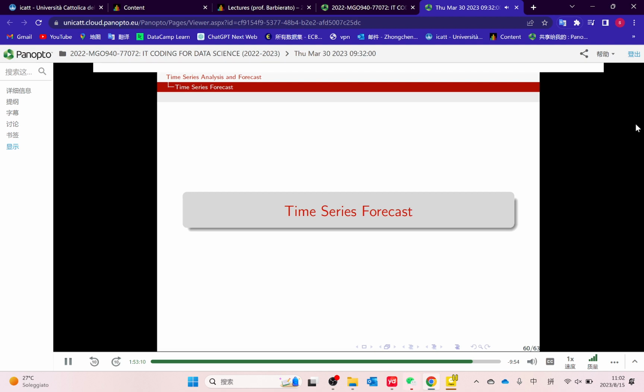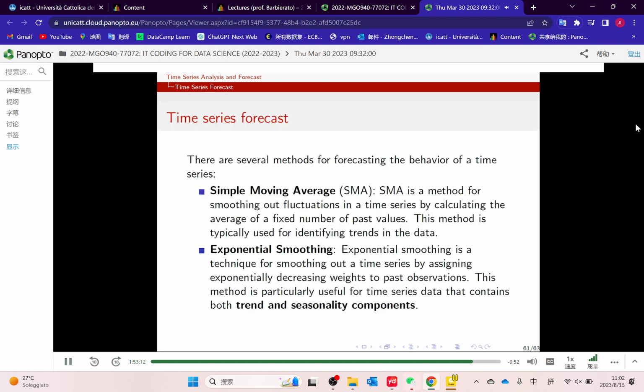I'm nearly at the end, as you can see. Which forecast models can I use? Well, the classic one is the simple moving average. Believe it or not, the moving average can be a predictor. It works exactly how I defined earlier.